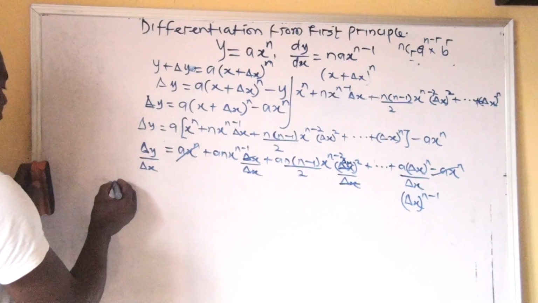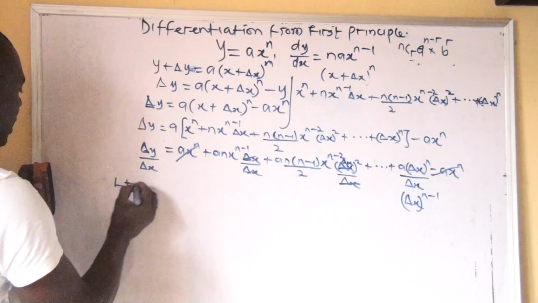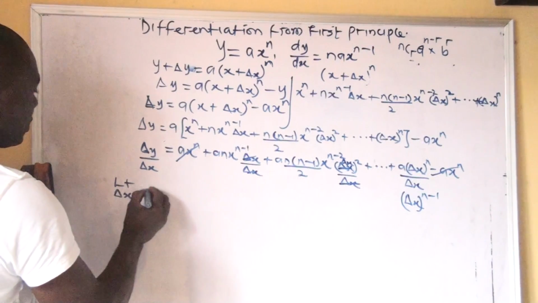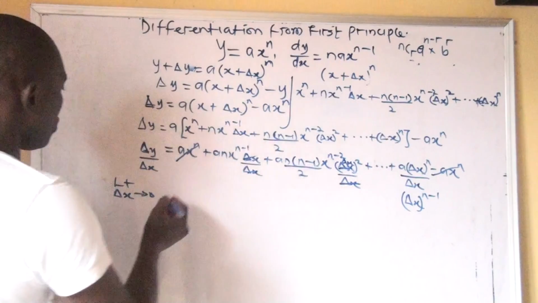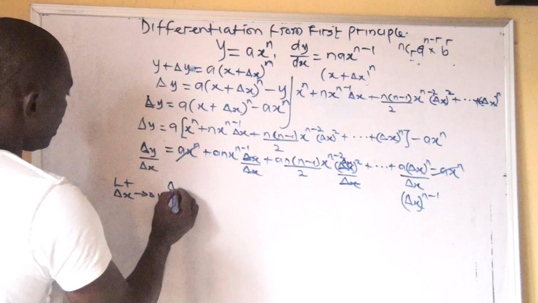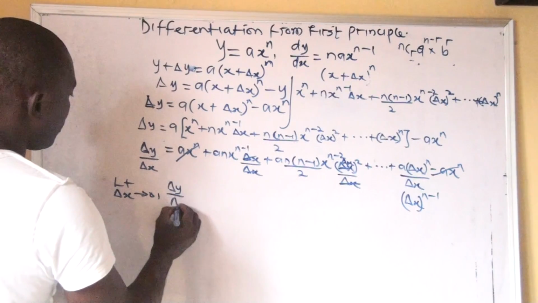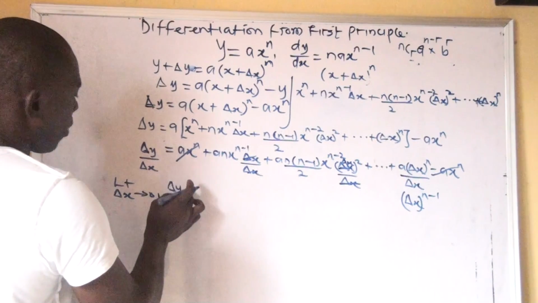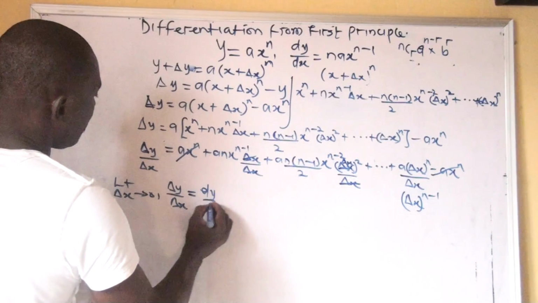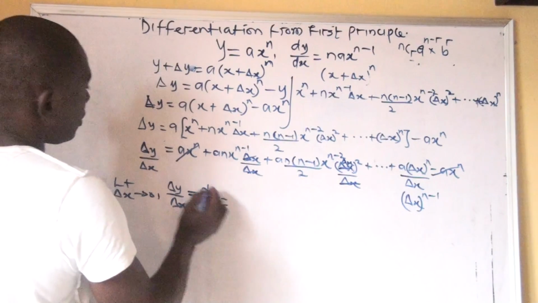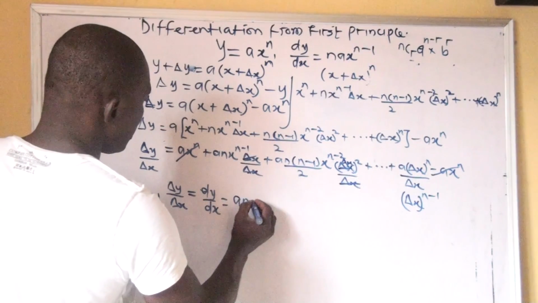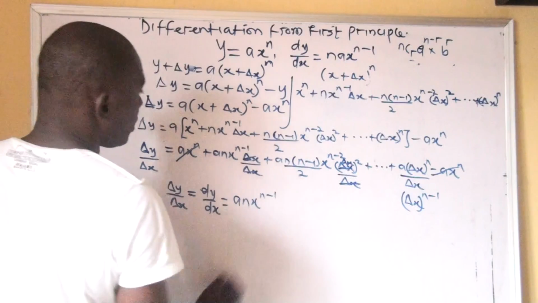And we know that as the limit of delta x tends to 0, delta y over delta x will become dy dx. Here, what will be left is n x raised to power n minus 1.